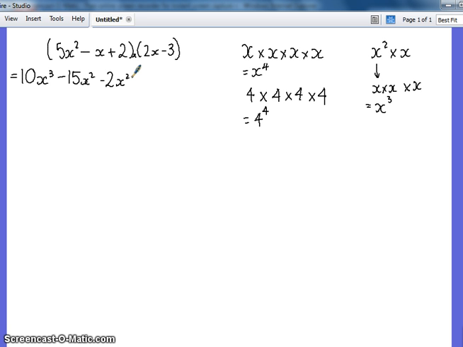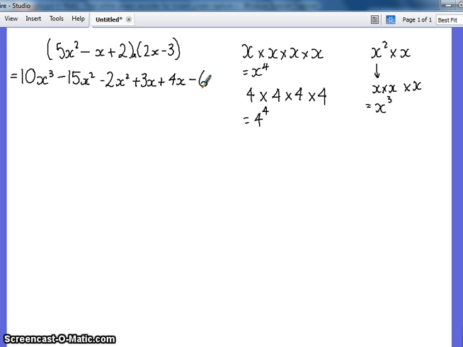Negative x times by negative 3 gives us 3x. And then 2 times 2x gives us 4x. And 2 times negative 3 gives us negative 6.